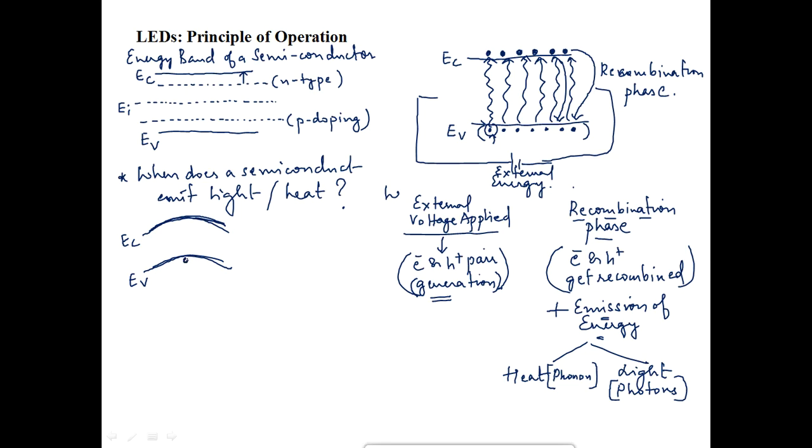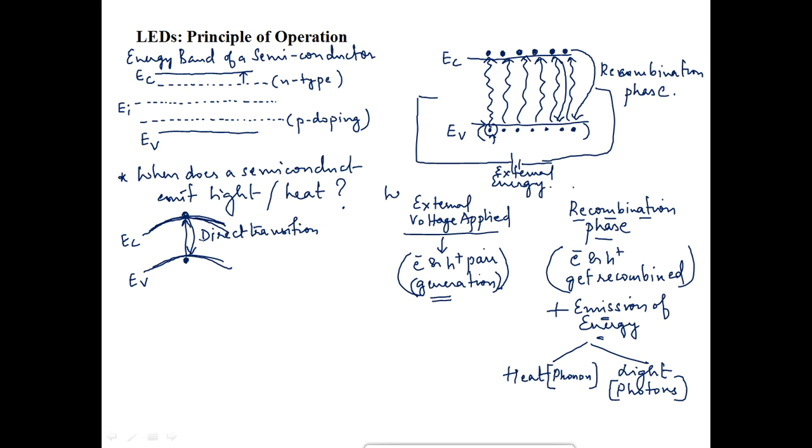Now whenever we supply some external energy, a charge makes a transition from the lower energy band to the higher energy band. Let me denote it like this. After some time, the same charge has to come back. When it comes back, it makes a direct transition.